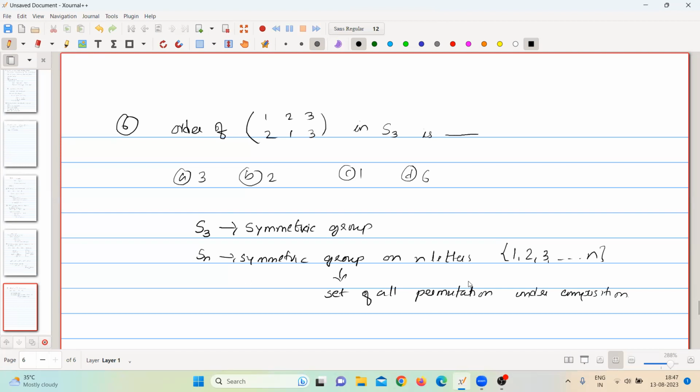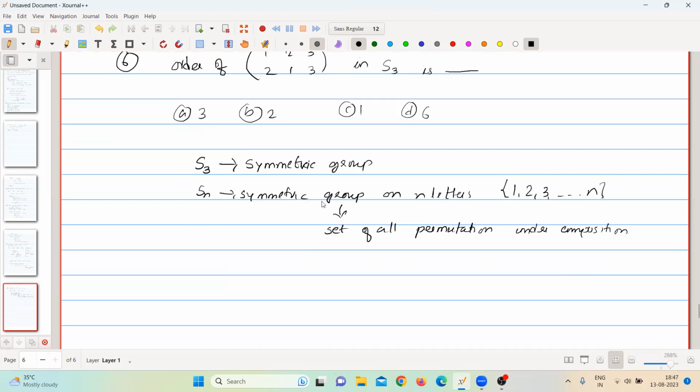So we take the set 1, 2, up to n, and permutation we have already studied: the set of all bijections from this set to the set itself. So the set of all permutations under the composition operation is the symmetric group on n letters. So here we are getting S3.